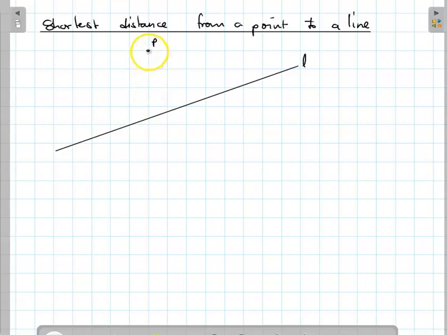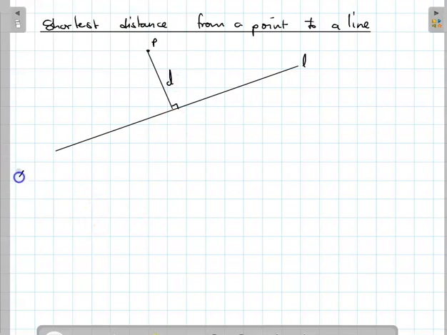Actually, the shortest distance between a point and the line is the perpendicular distance. So if D, that is the distance, is perpendicular, that is, we draw a line from the point which meets our original line at 90 degrees, then D will be shortest.